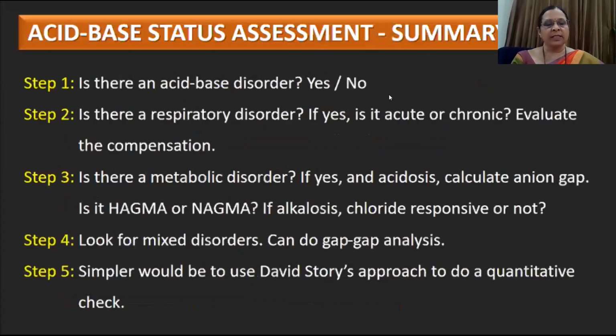So you look at step 1, is there an acid-base disorder? Yes or no? Is there a respiratory disorder? If yes, is it acute or chronic? Evaluate the compensation. Step 3, is there a metabolic disorder? If yes, is it acidosis? If it is so, calculate anion gap. Is it high anion gap metabolic acidosis or normal anion gap metabolic acidosis?